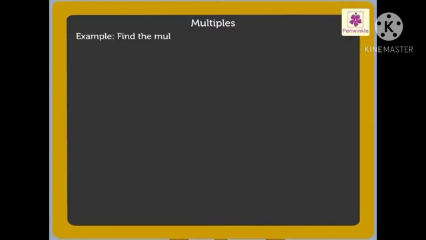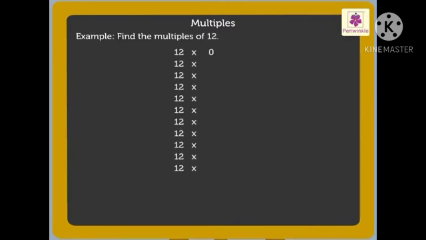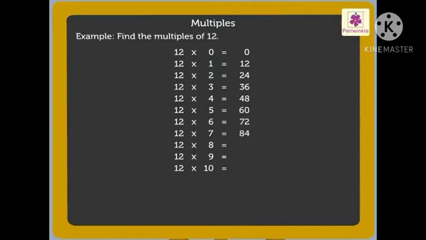Next, let us check one more number. Find the multiples of 12. 12 zeros are 0, 12 ones are 12, 12 twos are 24, 12 threes are 36, 12 fours are 48, 12 fives are 60, 12 sixes are 72, 12 sevens are 84, 12 eights are 96, 12 nines are 108, 12 tens are 120.